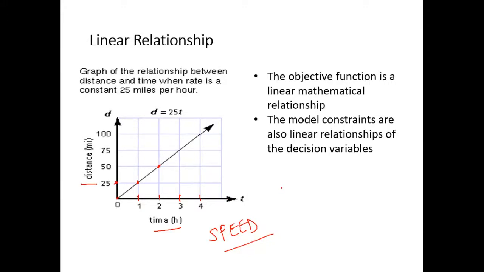In the graphical solution, we have to plot the two variables on the graph. These are the decision variables, T and D. Right now, in this example, we don't know what the decision variable is. We have two variables, time and distance, which change, and they are plotted to find the speed. When the time is 1 hour, the distance traveled is 25 miles.